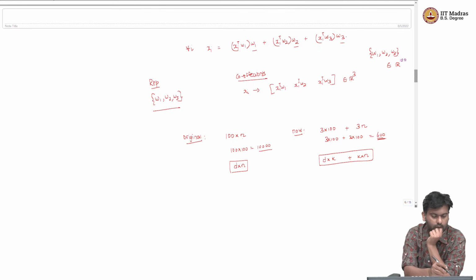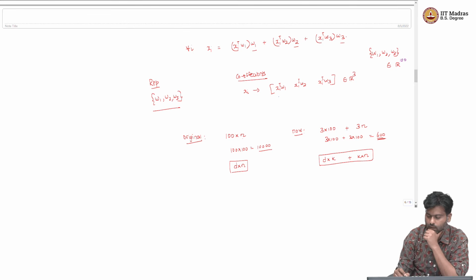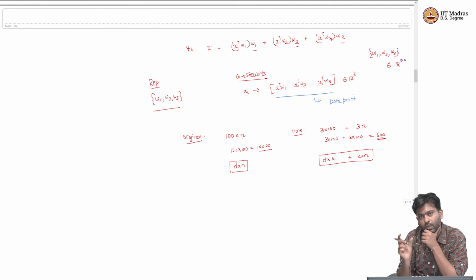Now, just to be very sure, this is data point specific, right. Every data point, the numbers that we are storing will depend on what the original data point itself is. The W1, W2 is common for the entire data set, right.